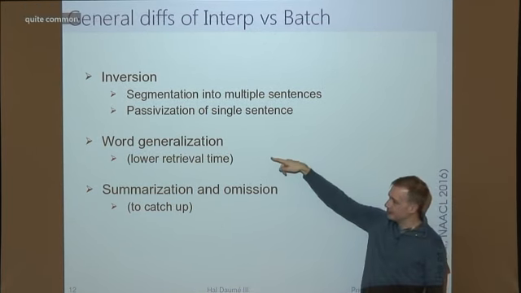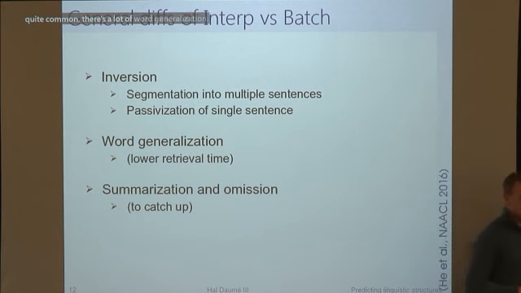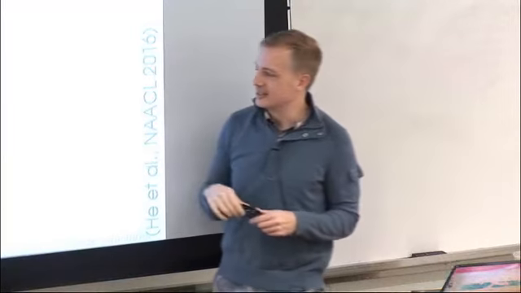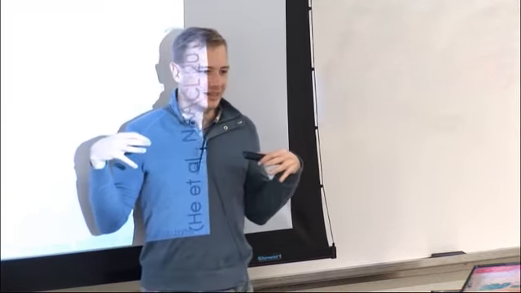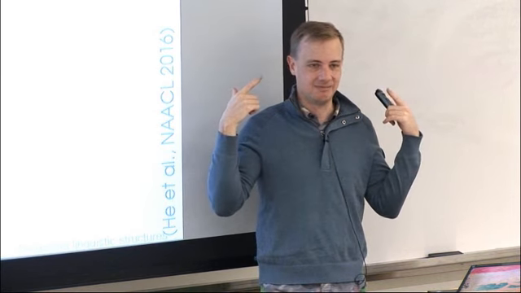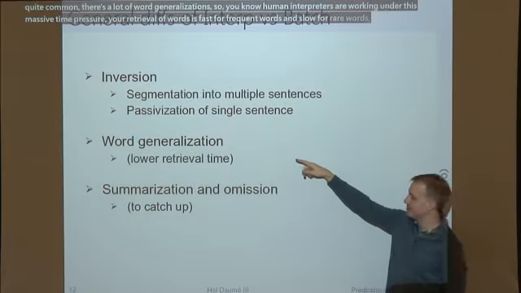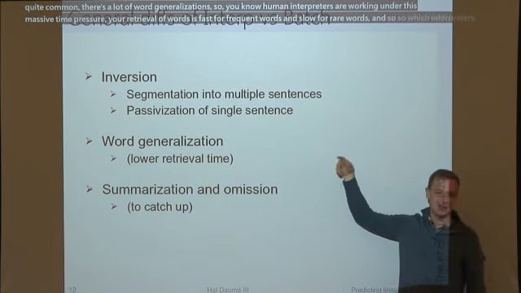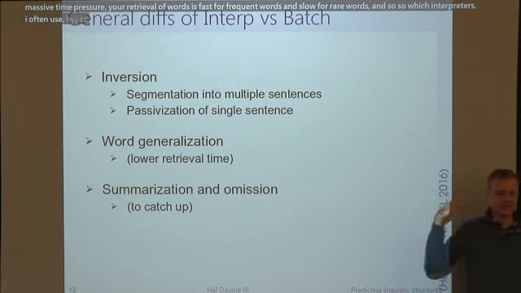There's a lot of word generalizations. Human interpreters are working under massive time pressure. Your retrieval of words is fast for frequent words and slow for rare words. And so interpreters will often use hypernyms because they're faster to think of.